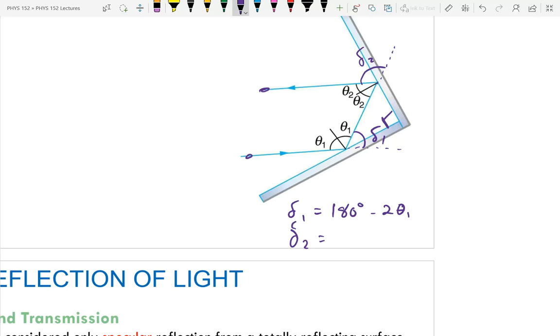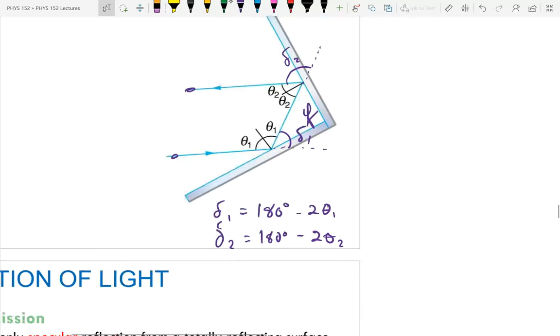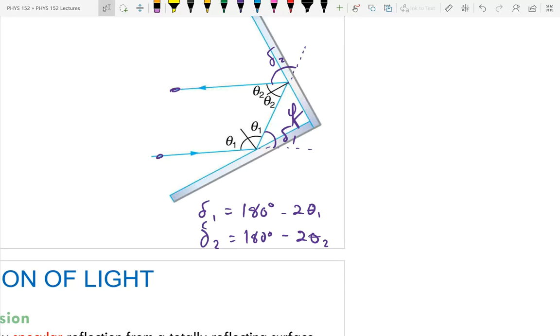It's 180 degrees minus 2 theta 2. Well, now what I need to do is get this in terms of, well, we have a right angle here, so in terms of this angle that I'm going to call phi. How do theta 1, theta 2, and phi relate?